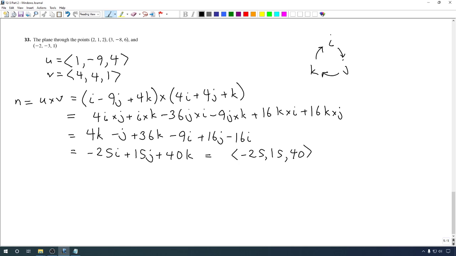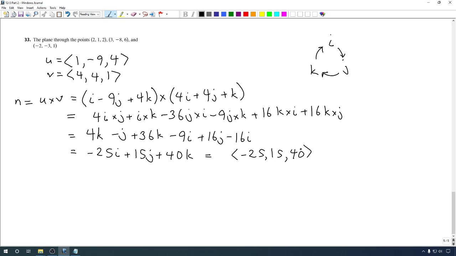Now, we could actually just go ahead and use this particular vector, but do note that any multiple of this vector is also a normal vector. If I multiply this vector by something or divide by something, I will get another vector that's perpendicular to the plane. So I'm going to simplify this by recognizing that everything here is a multiple of 5.